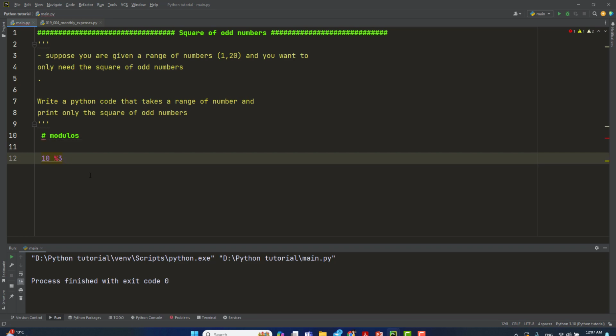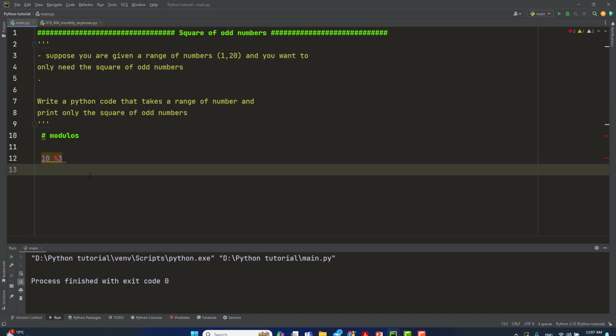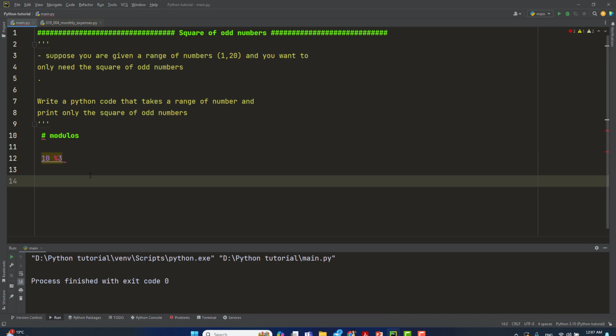What does this mean exactly? This means that I want to take number 10 and divide it into 3 equal sets, like 1, 2, 3, then 1, 2, 3, then 1, 2, 3. The summation of these ones is 9, and the remainder to reach 10 is 1. This is the result. This is the modulus.